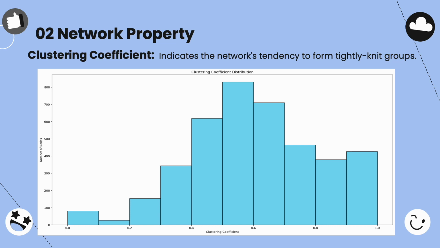The existence of bars at the lower end of the clustering coefficient scale, near zero, indicates there are nodes with few interconnections between their neighbors, which could be more isolated or peripheral nodes within the network.